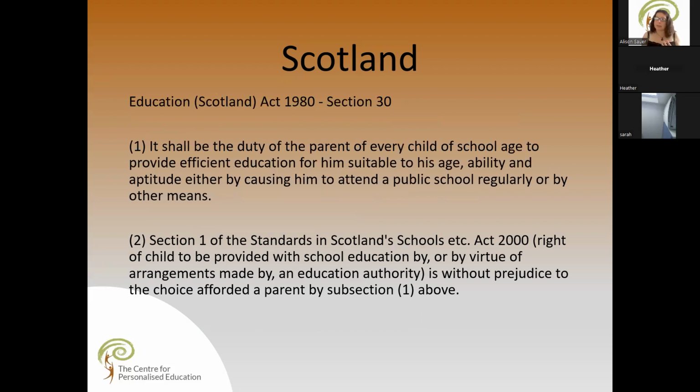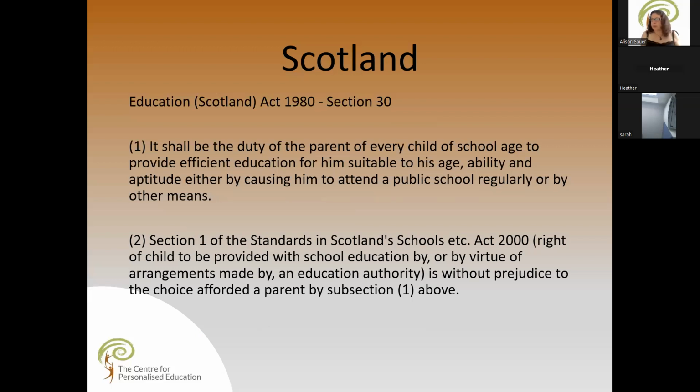You can see that this is the part of law which talks about compulsory education. It's very similar to the English one. It's the duty of every parent of every child of school age to provide an efficient education for him suitable to his age, ability and aptitude, blah, blah, blah.